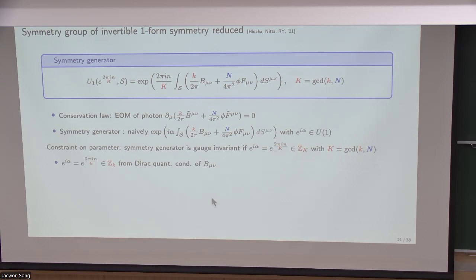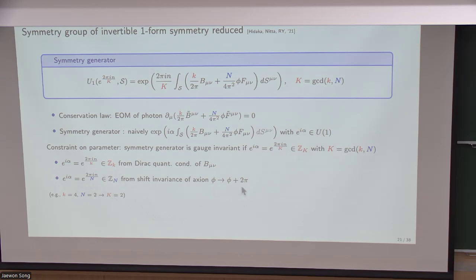Let me derive this constraint. First, by the Dirac quantization condition for B_μν, this parameter should be Z_k valued. This is the same as the previous discussion. Furthermore, the shift invariance of the axion requires that this exponential of iα should be Z_n valued.